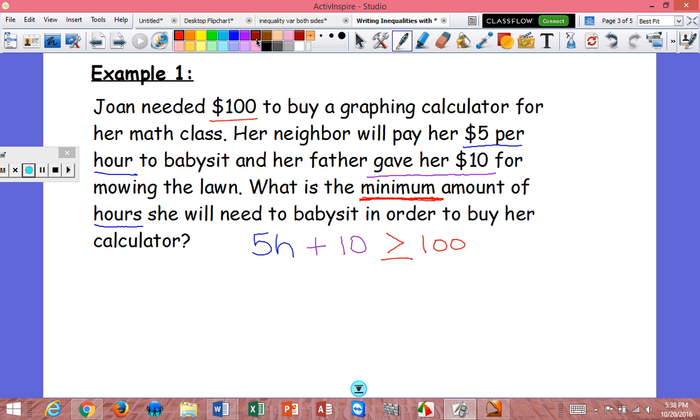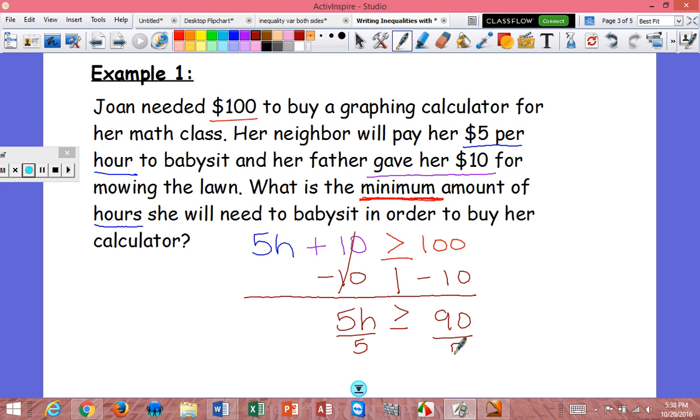Alright, so let's go ahead and solve this inequality. So I'm going to separate the left and right sides. I am going to carry down the symbol, and I'm going to cancel the constant. So we would subtract 10, that would be our inverse operation, and we get 90, and we're left with 5H. Now I'm going to cancel the coefficient and divide by a positive 5.